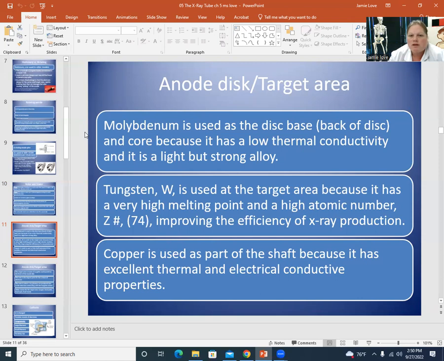W is the atomic letter to symbolize our tungsten on the atomic chart, with a Z number, atomic number, of 74. We want a high number for lots of electrons in that shell for efficiency of X-ray production. That'll be more coming tomorrow. Copper is in part of the shaft, also copper here for that electrical current that's coming through.